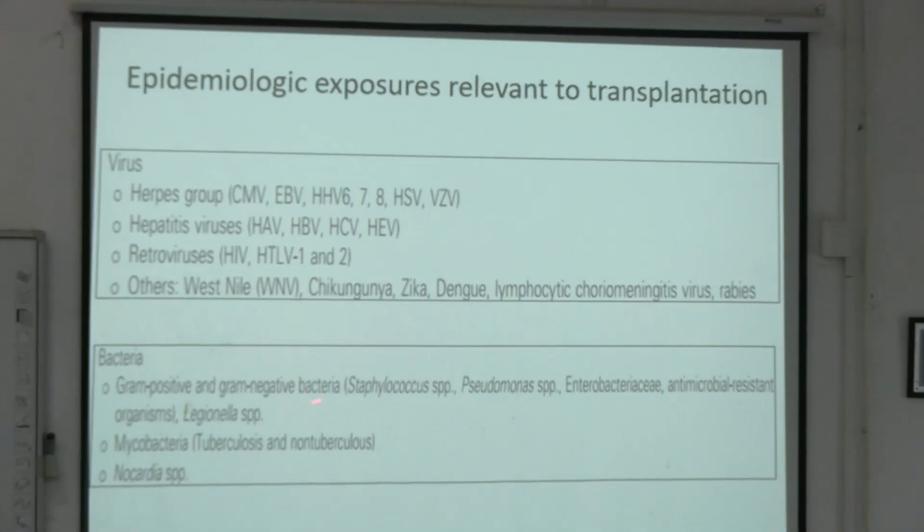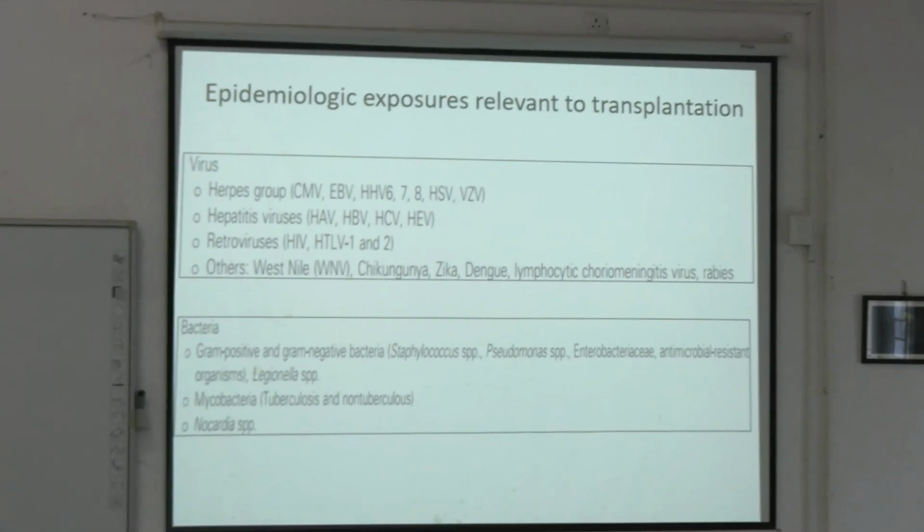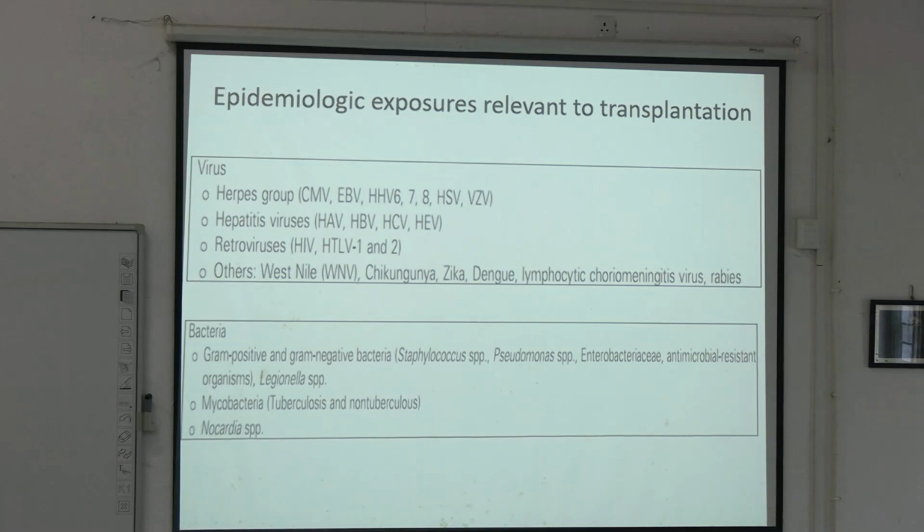As far as the bacterial agents are concerned, we have the common gram-positive and gram-negative bacteria causing most of the infection in other patients, and more importantly, we have mycobacterial disease and nocardial disease, which may be caused especially because of reduction of the cell-mediated immunity.